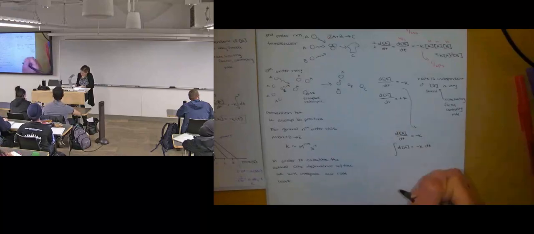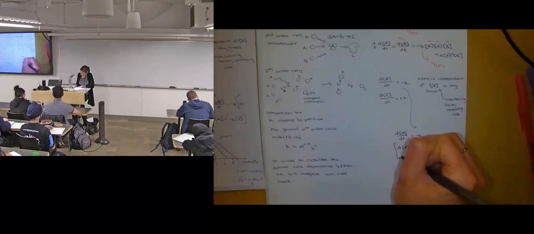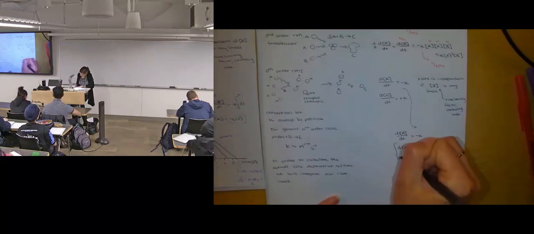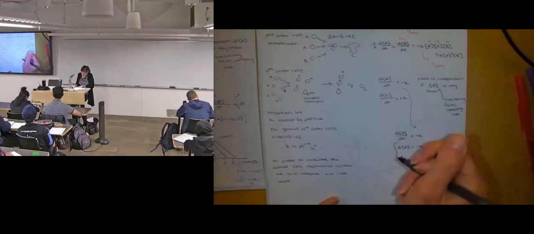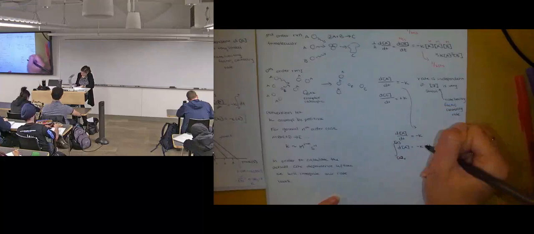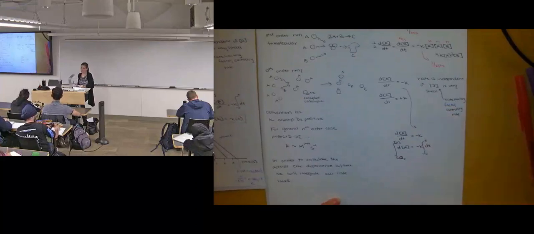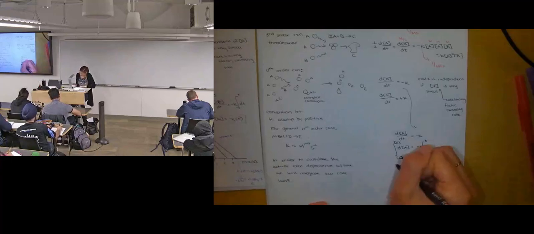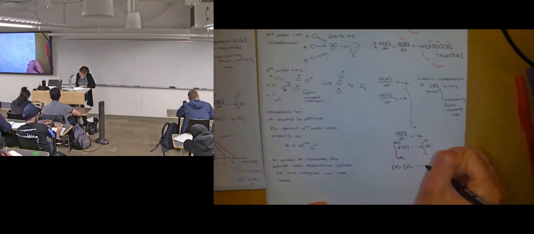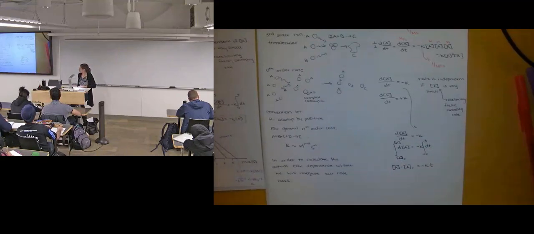I'm going to integrate on this side from some initial concentration, A naught, up to some final concentration. And on this side, we're going to integrate from 0 time to some time t. Here we're just going to have our final concentration minus our initial concentration equal to our rate constant times time.